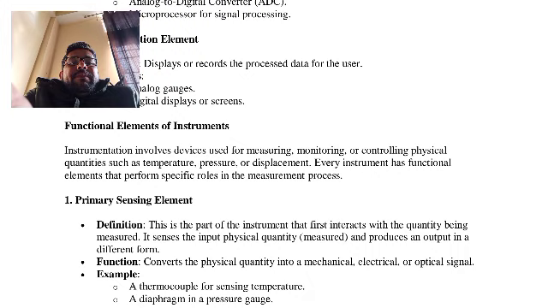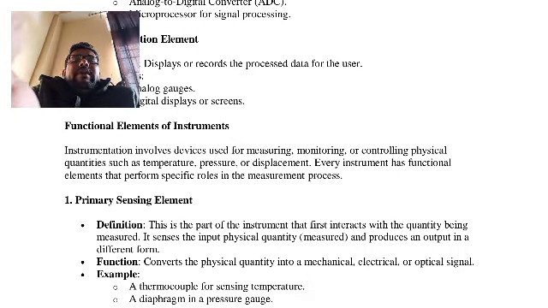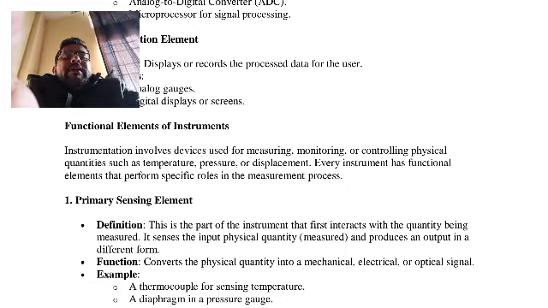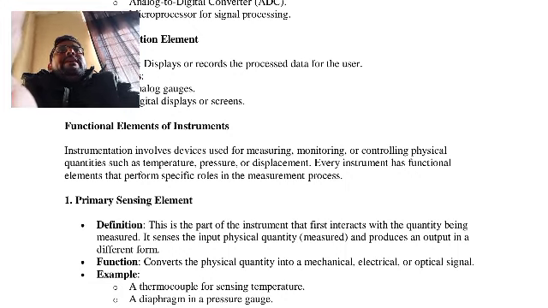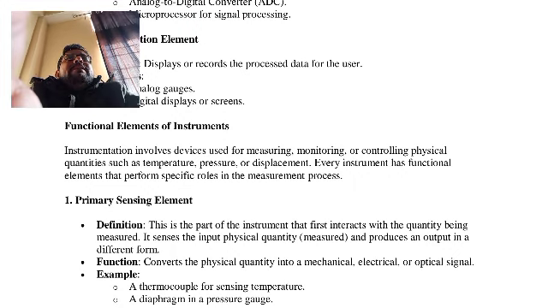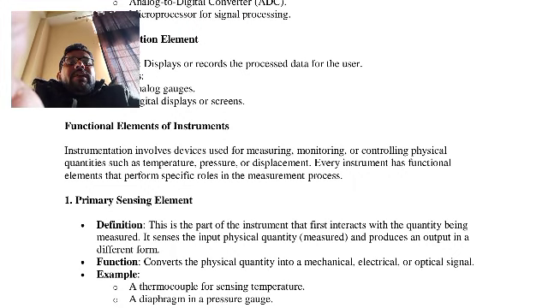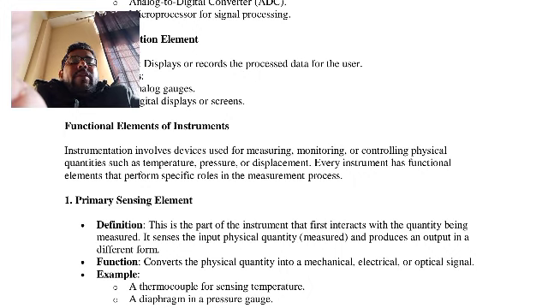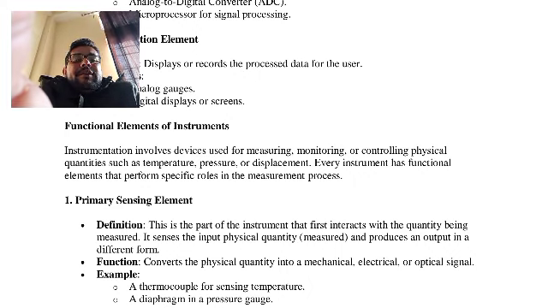First, what is instrumentation? Instrumentation involves devices used for measuring, monitoring, and controlling physical quantities like temperature, pressure, and displacement. Every instrument has functional elements that perform a specific role in the measurement process.